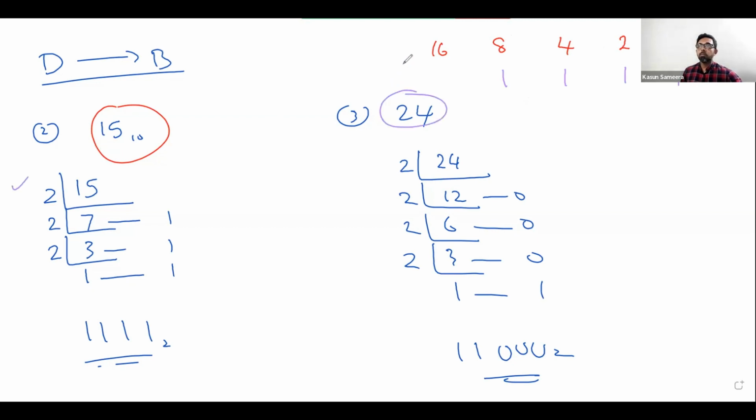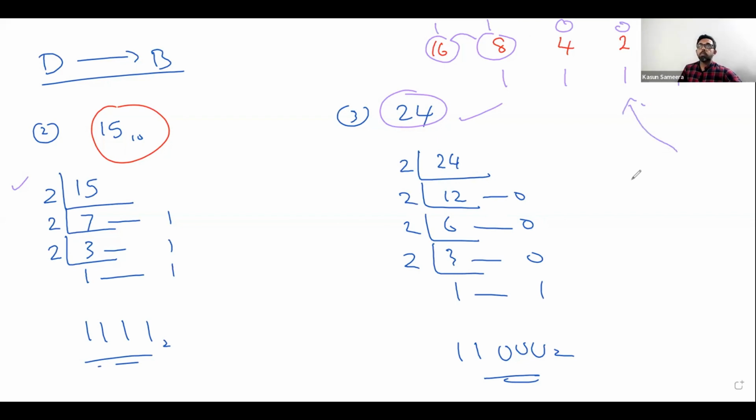24, how are you going to get number 24? 16 plus 8 is 24. Then what's the answer? Just put 1, 1. We don't need other numbers. Just put 0s. 1, 1, 0, 0, 0 is 24. Okay. But we did all the questions in both ways when doing this lesson, right? Especially for small numbers, just use this method.